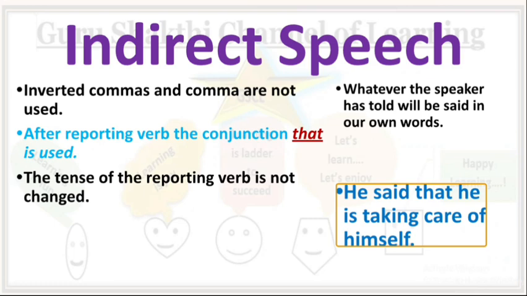If the reporting verb is in past tense in the direct speech, in the indirect speech it must be in past tense itself. If it is in future tense, it must be in future tense itself. If it is in present tense, then it must be in present tense itself.